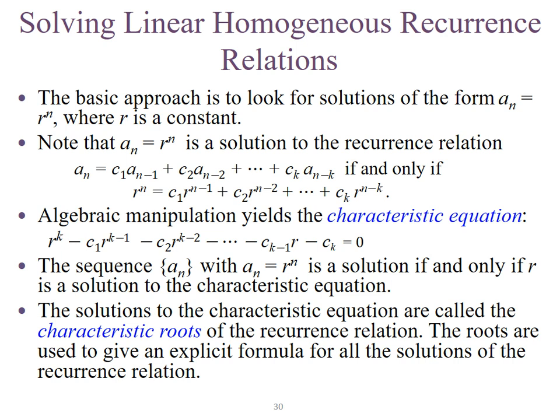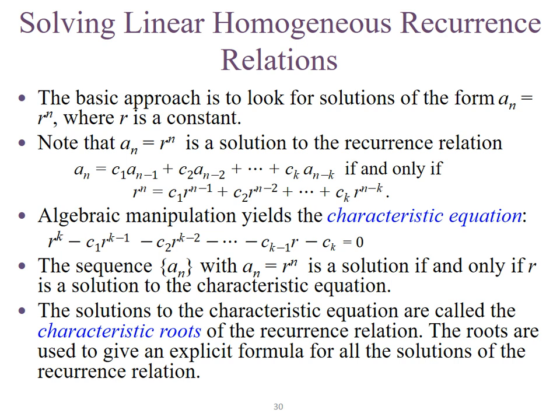So maybe we can guess that in this recurrence relation, its final answer or closed form is some constant r to the power of n. So maybe we can just write an equals r to the power of n as our final solution for the nth term of the recurrence relation.